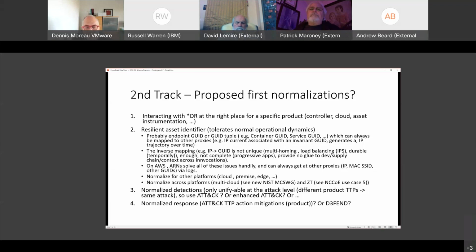NSF funded a ton of that at the University of Maryland, I believe at Amherst, and it turned into an interesting sort of standard. And a bunch of the commercial folks who are looking at how to refer to an asset when it's on another platform have looked at how to bring multiple GUID schemes together, so that I can represent one and be unambiguous about what I'm talking about in a broad sense.